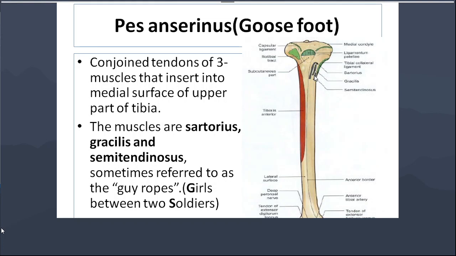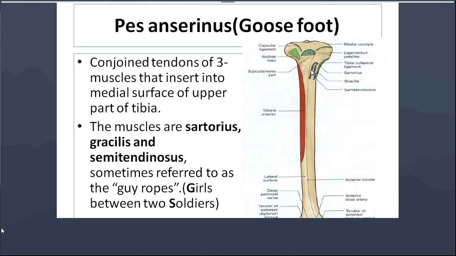At the tibia topic, I already told you about the pes anserinus, or goose foot. It is made up of three muscles: sartorius, gracilis, then semitendinosus. So it is the conjoint tendon of three muscles that insert into the medial surface of the upper part of the tibia. That's why it is called the pes anserinus, and also called the gyropes.